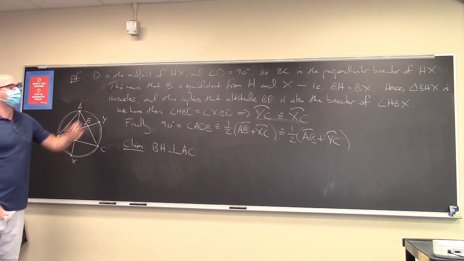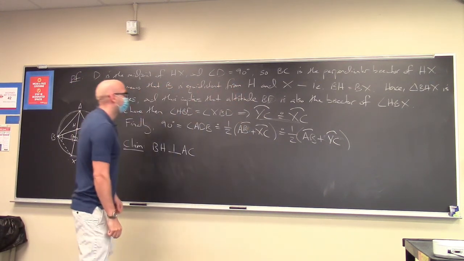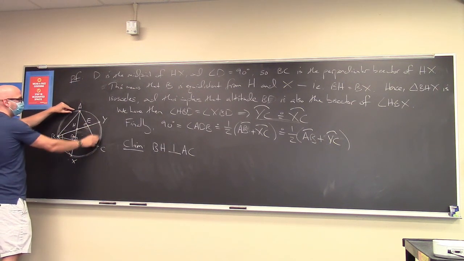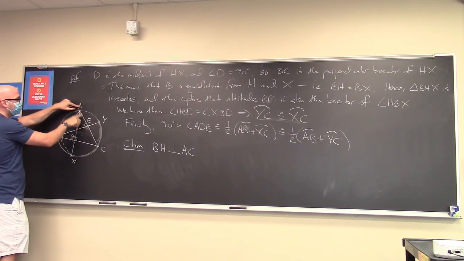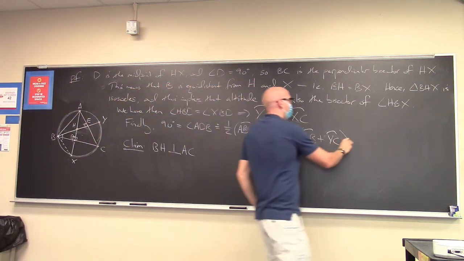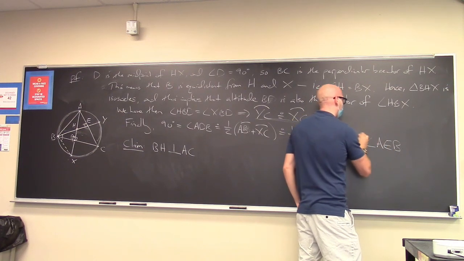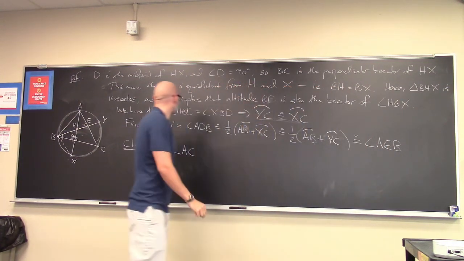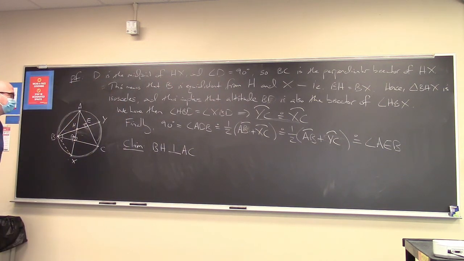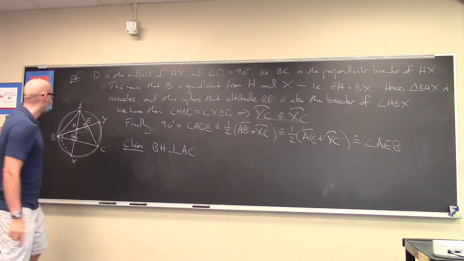So by all that work above, we have this equality. And 1/2 of AB plus YC, that is the angle we're looking at. That's angle AEB, which establishes our claim.